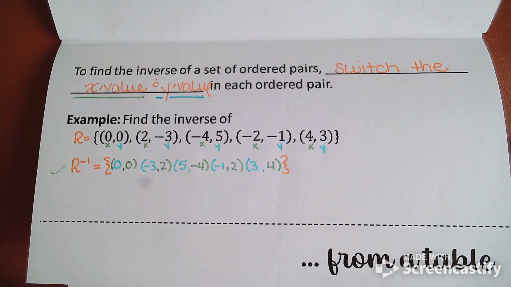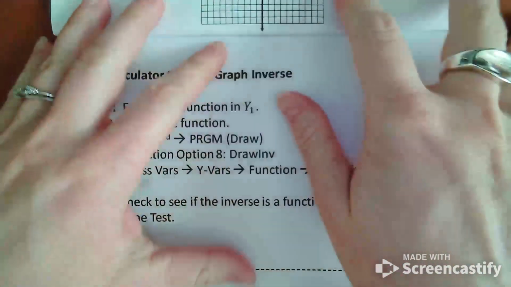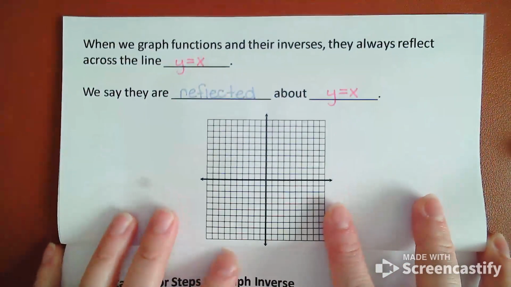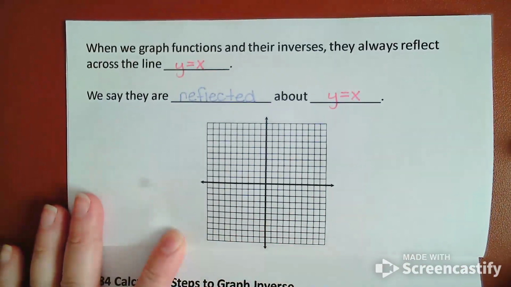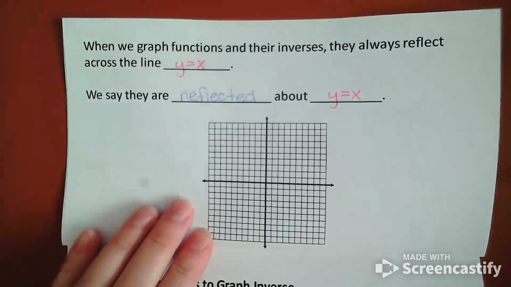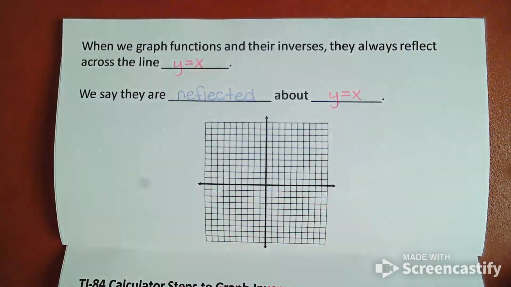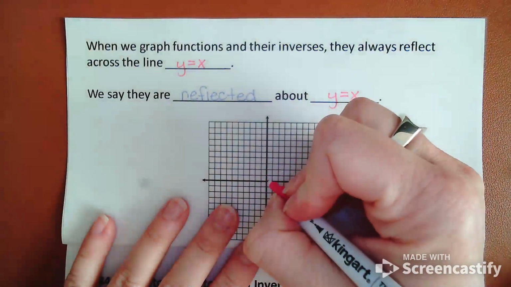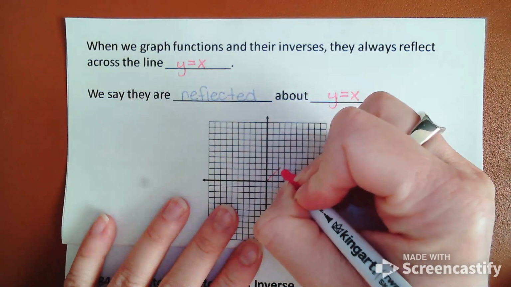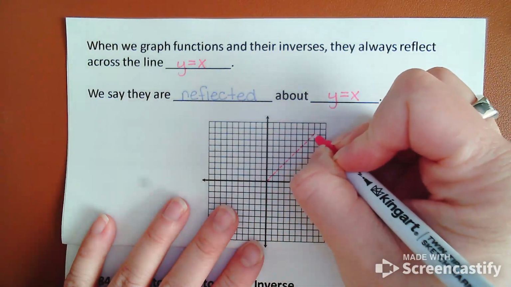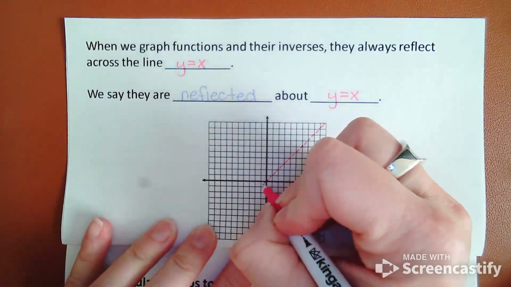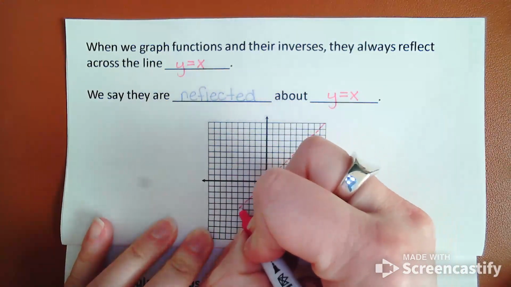Now let's look at from a graph, what do we do there? When we graph functions and their inverses, they always are going to reflect across the line y equals x, which is this line right here going through the origin, dividing quadrant 1 and quadrant 3.